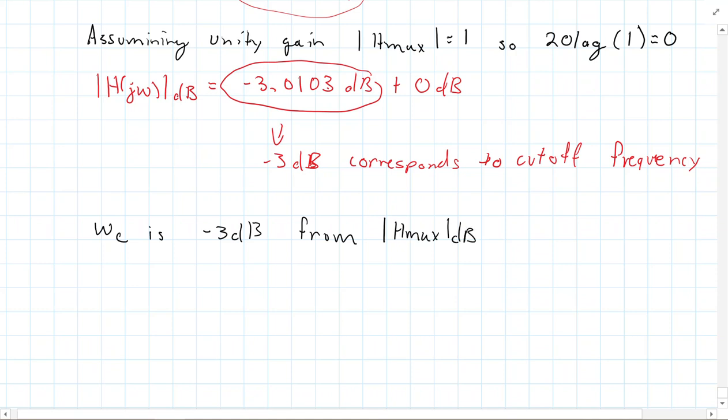Because when we start getting into active filters, you might have that the magnitude of H max in decibels is, I'll pick a random number, 17 decibels.